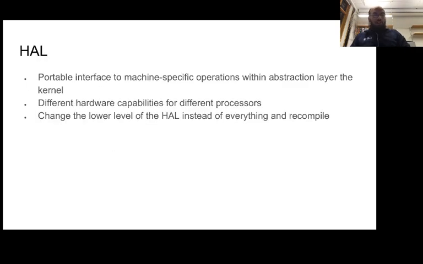Hardware abstraction layers, HALs, are portable interfaces to machine-specific operations. So you basically have a HAL for my Mac, which is completely different from my Lenovo, which is completely different from my desktop, which is completely different from my server. They have different capabilities, they have different hardware. So you want a hardware abstraction layer on all of these machines, although they might have wildly different processors.